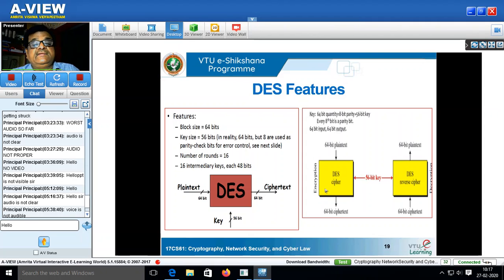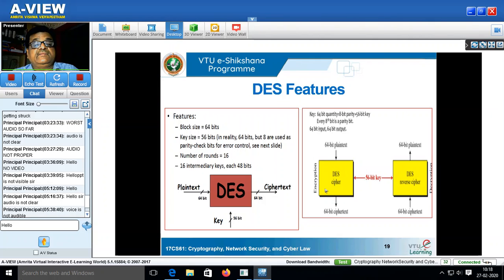In DES, the key size is 56 bits. Please remember, the block size of 64 bits is related to the plain text. There is another, separate input, which is the key, with a size of 56 bits.